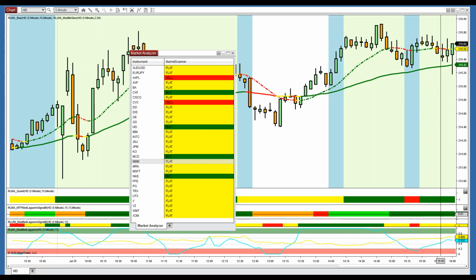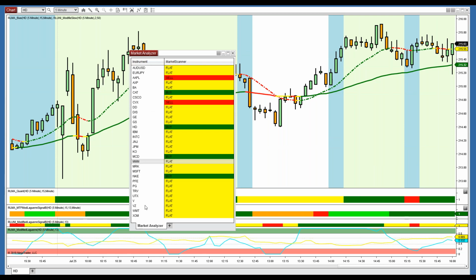The multi-time frame Laguerre, as an assessment of momentum, is aligned to the upside. And although it did just a little tail here, we've got our chart Laguerre heading up. So we're in a terrific position to buy Home Depot right now on a break of the 15. Only the market's just shut, so we can't do anything.